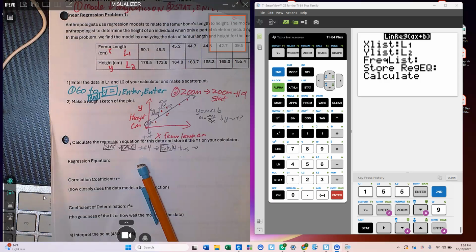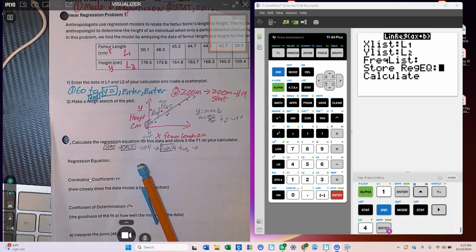Okay, there's no way to store it without touching a lot of extra buttons. And me personally, trying to think of the best way to teach this to you. Okay, this is going to be a lot of extra buttons. I don't know how else to get you there.